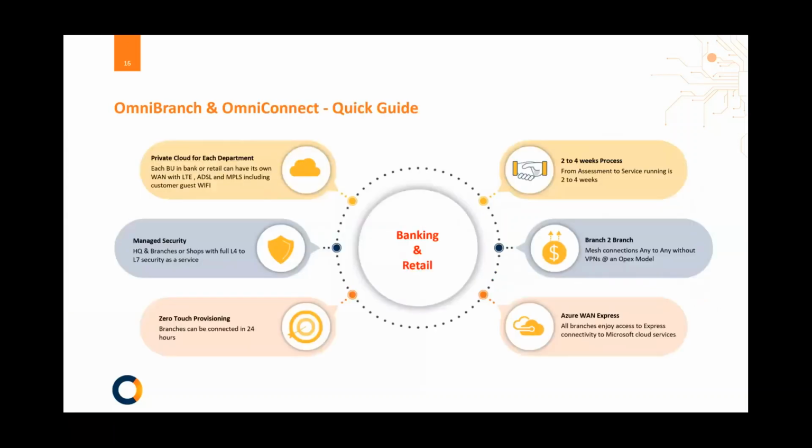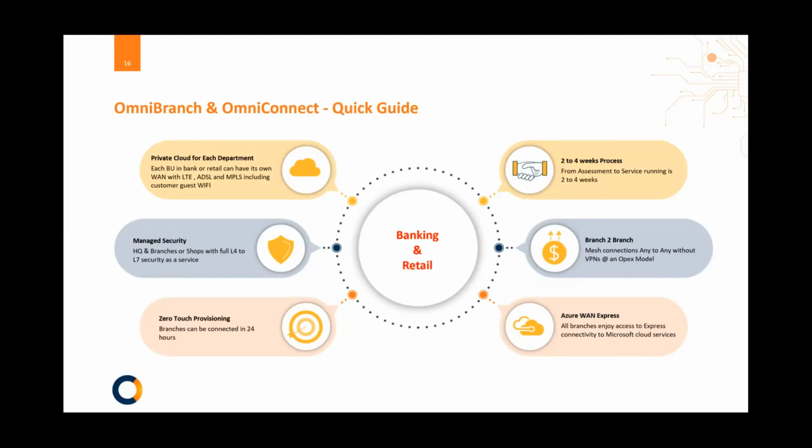Now I'll give you one example for the banking and retail sector. Some of the branches of the bank and some of the retail outlets want to connect to the regional data centers, to the cloud providers, to their different retail or regional data centers and global data centers. All these things we can offer you as a private cloud, and you can access all these workloads in a very secure manner.